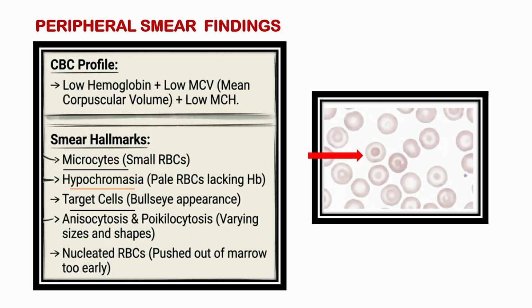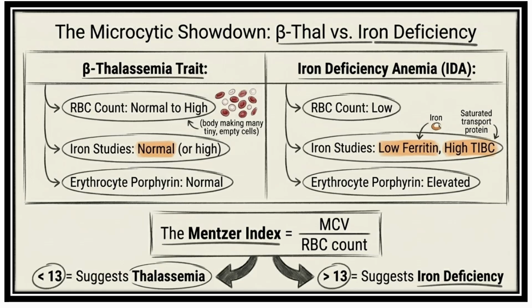There will be anisocytosis and poikilocytosis, and there will be excess nucleated RBCs, which are immature cells pushed out of the failing marrow too early into the peripheral blood. To quickly differentiate beta thalassemia trait from iron deficiency anemia, as they both present with microcytosis, we use the Mentzer index, which is calculated as MCV divided by RBC count.